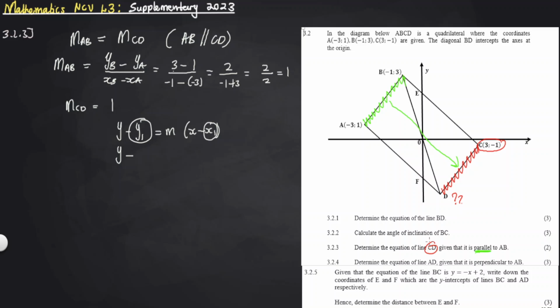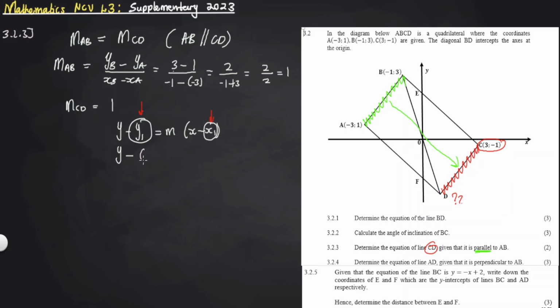In order to get the equation for line CD, you need the gradient for line CD, which we just calculated. I also need a point along line CD, and I have point C. So where there's y1 and x1, that's where I'm going to substitute the point C.